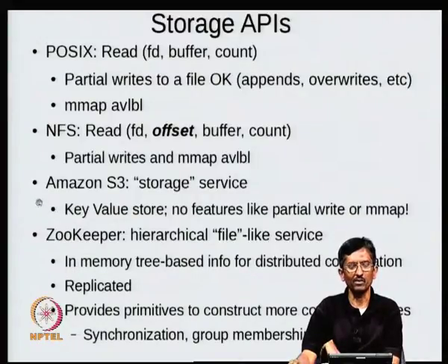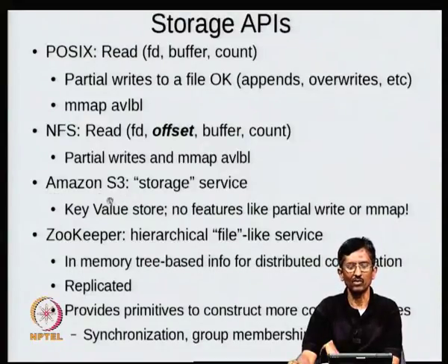If you look at Amazon S3, the problems here are because of what we discussed in the previous class, because of FLP or CAP. Basically, you can't have consistency, availability, and resilience to partitions at the same time.